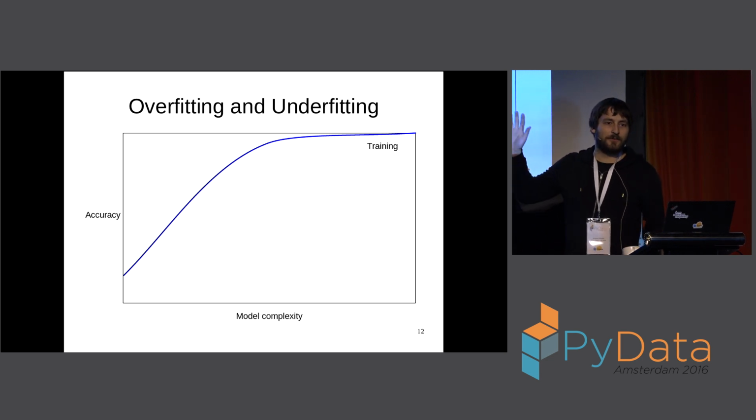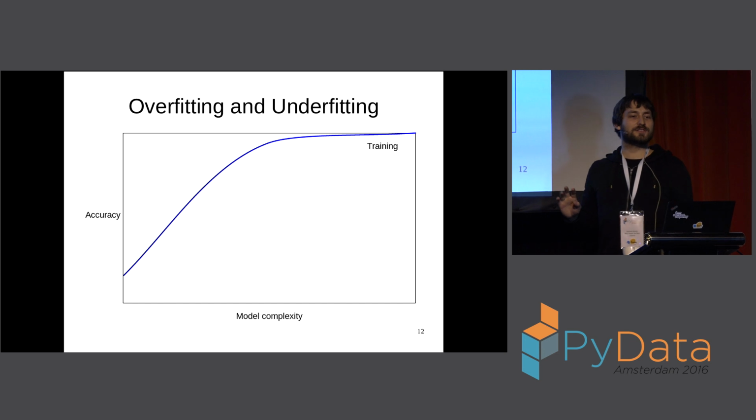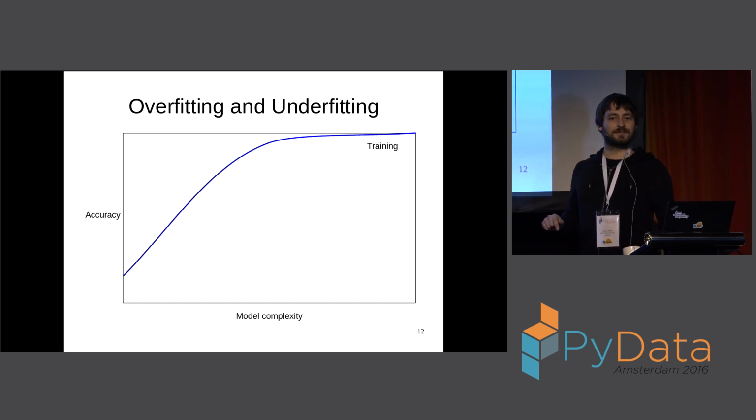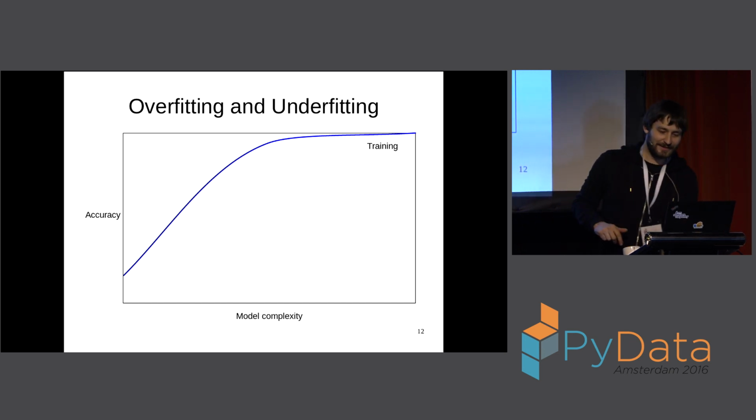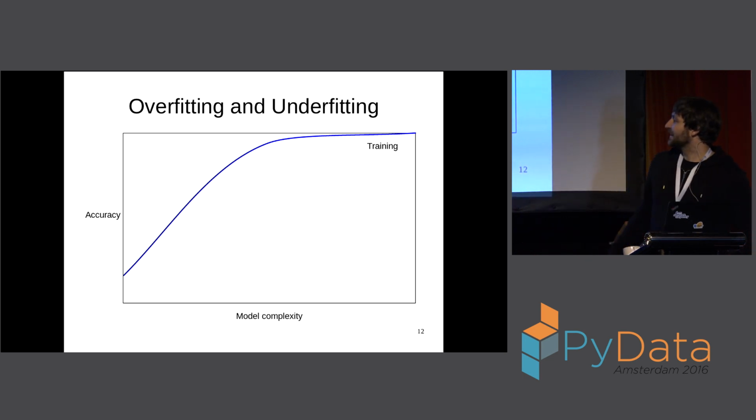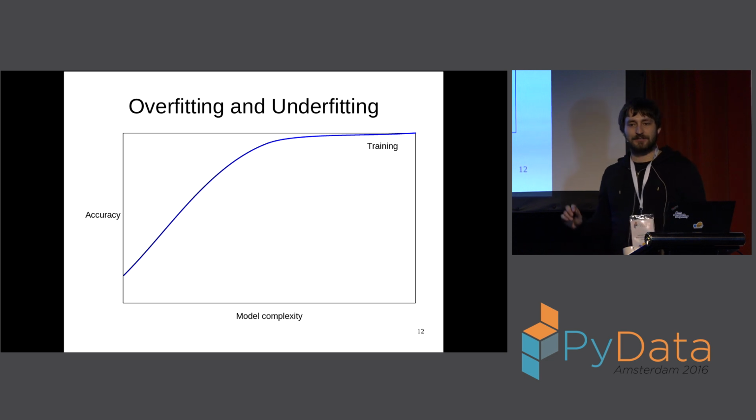Model complexity, or overfitting, underfitting. So who has heard of overfitting here? Everybody, okay, cool. I'm still going to explain it again. Most machine learning models have some tuning parameter that says how complex of a model I want to learn. For example, in linear models, you have some L1 or L2 regularization.